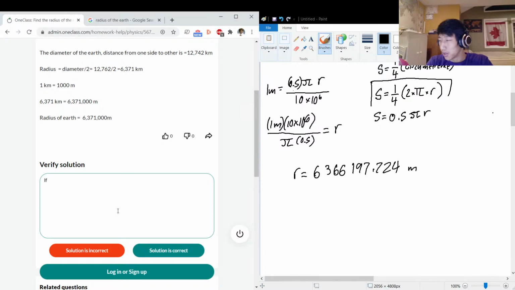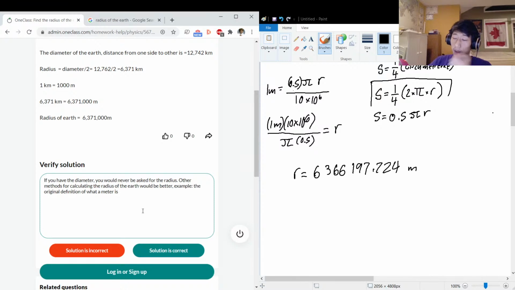So yeah, taking the radius of the Earth would be better. For example, the original definition of what a meter is.